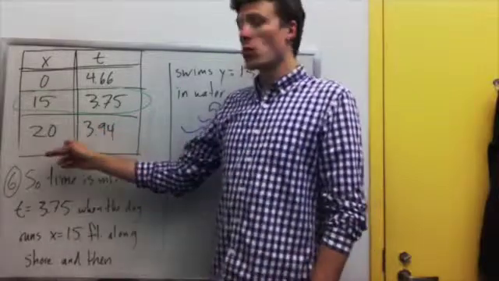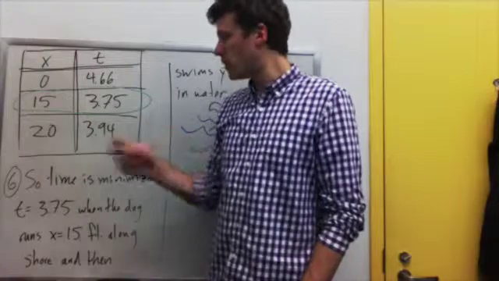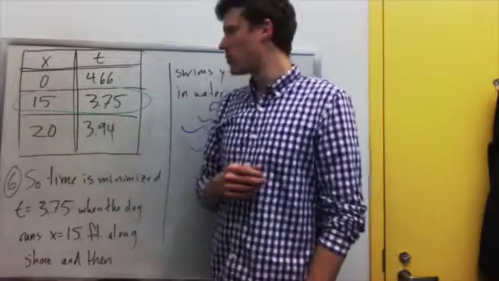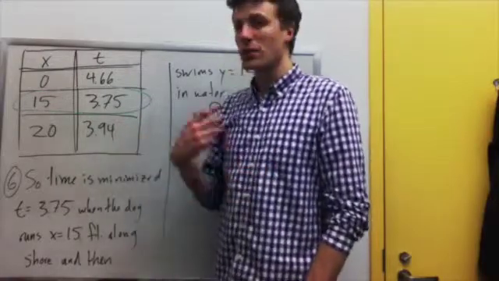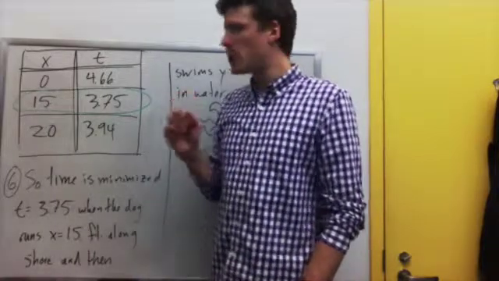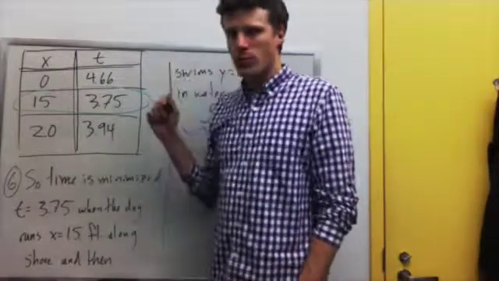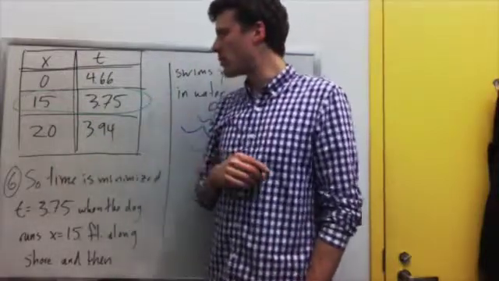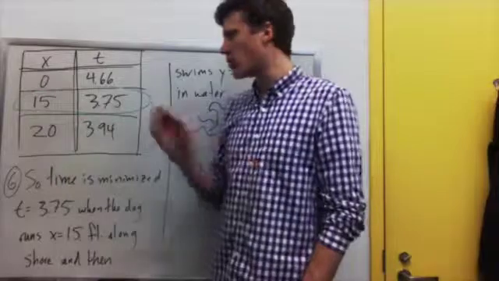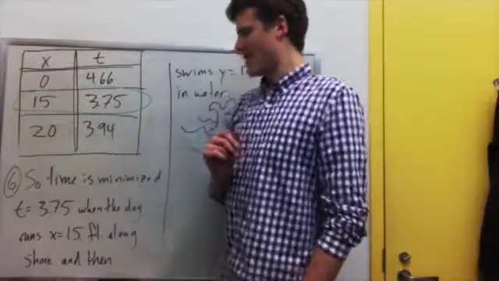If he runs 20 feet along the shore and then swims the 12 feet to the ball, it takes him a shorter amount of time, which is 3.94 seconds, because he can run a lot faster than he can swim. However, if he optimizes and runs 15 feet along the shore, and then jumps into the water and swims, it takes him only 3.75 seconds. Look, it shaves a quarter of a second off getting to that precious ball.